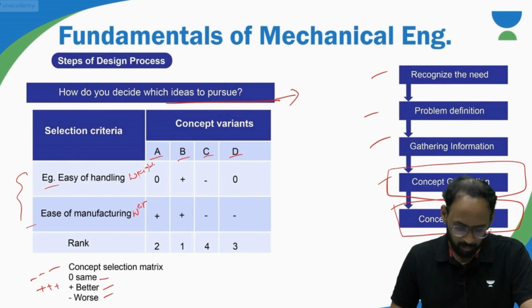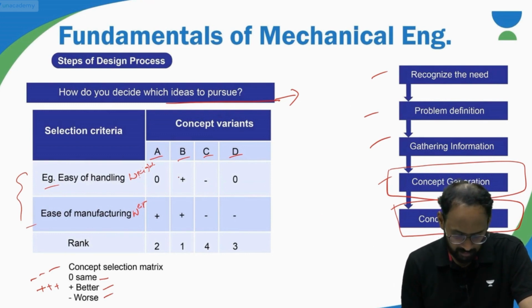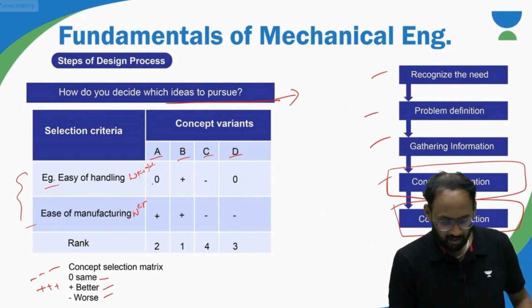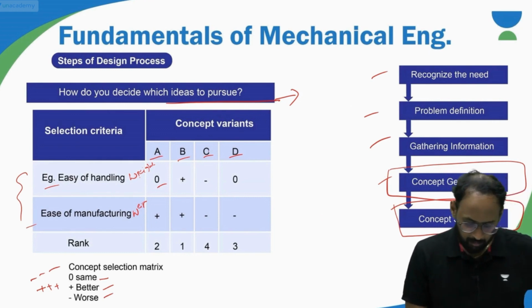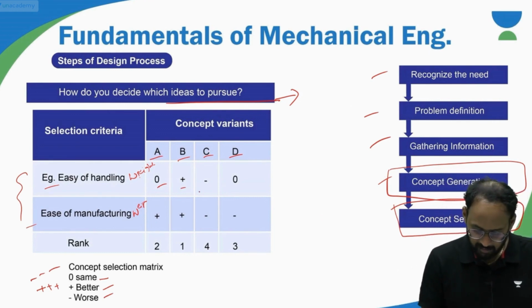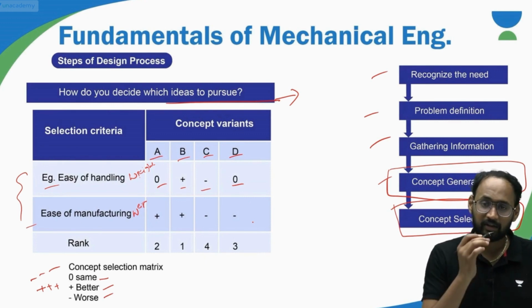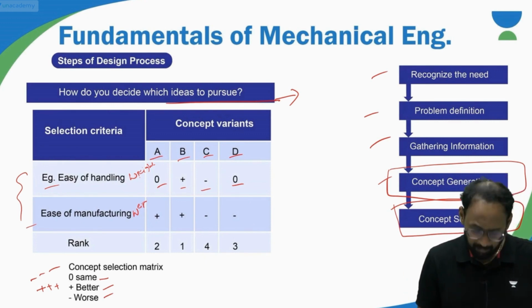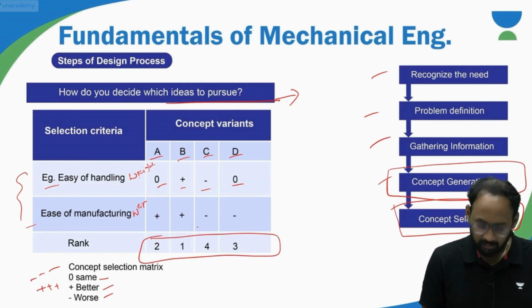Say, for example, A has ease of handling which is 0, maybe B is positive, C is negative and D is 0. Similarly for ease of manufacturing across the 4 concepts. Now I see the overall rank of the different concepts.